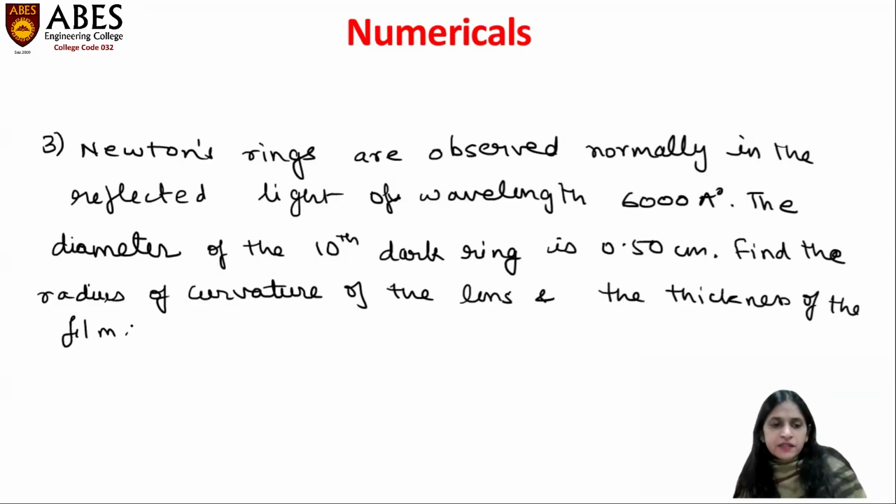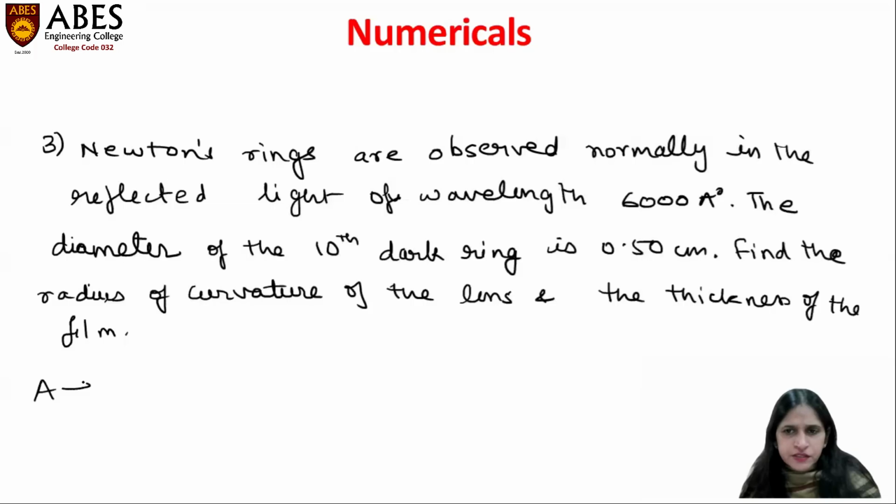So again, let us read the question carefully. Newton's rings are observed normally in the reflected light of wavelength 6000 angstrom. The diameter of the 10th dark ring is 0.50 centimeter. We have to find the radius of curvature and thickness.